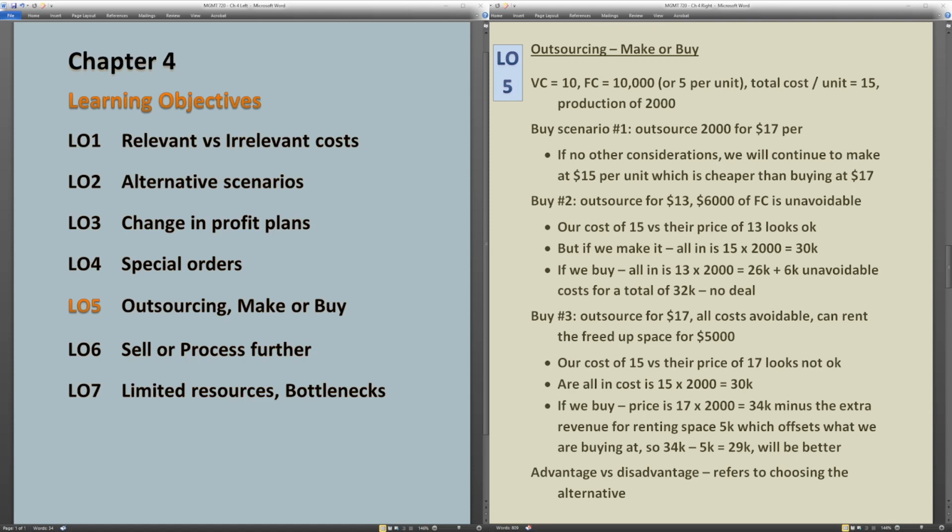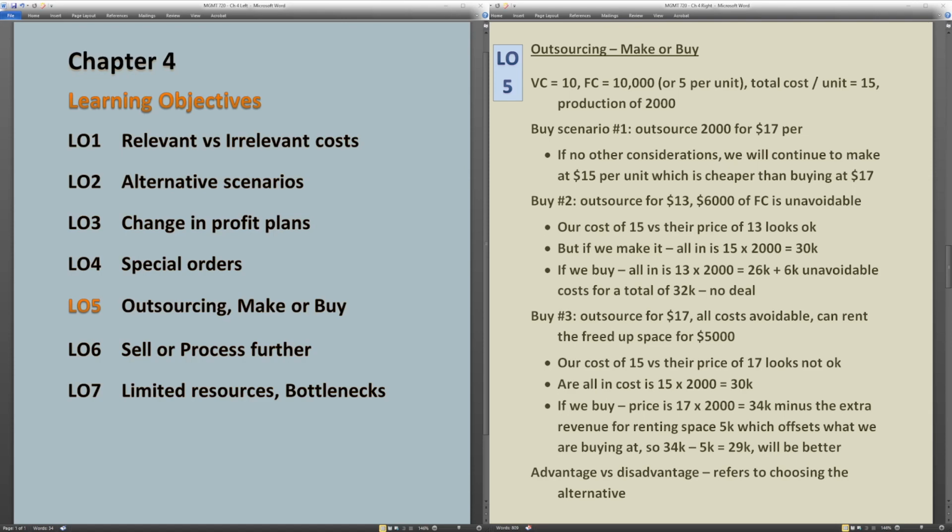Well, what would be one complication? We can outsource it for $13, right? They sell it to us for $13. So on the face of that, us making it for 15, them selling it to us for 13 looks good. But let's say 6,000 of the fixed cost is unavoidable. What do I mean by that? Well, if we end up buying it from this vendor for 13, we're going to have no variable costs because variable costs come from producing items.